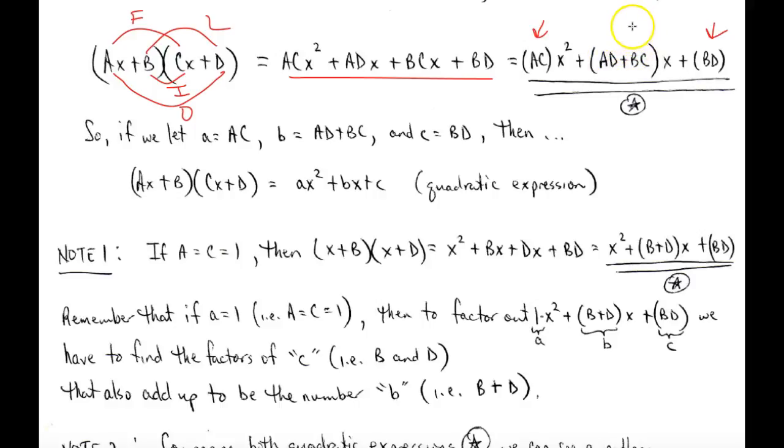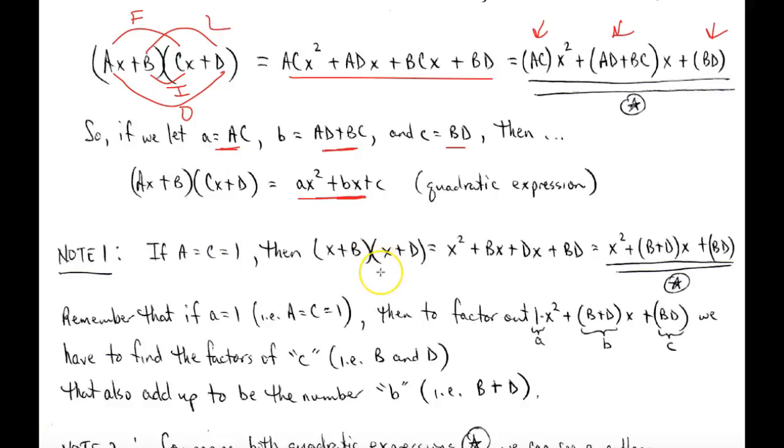But if you notice, we have this AD plus BC. Okay. Now, if we look here, it says, so if we let A equal AC and C equal this and B equal that, then this will be some kind of quadratic expression here.